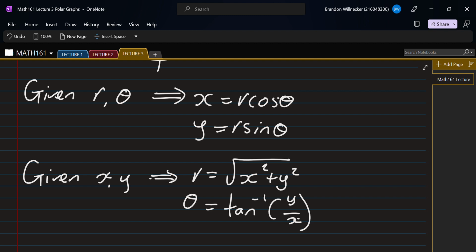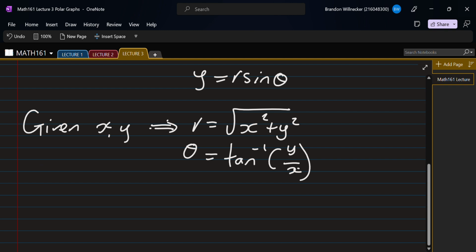What about going back and forth with graphs? If you looked in the tutorial, you'd see some of those questions are not converting points from polar to Cartesian, but converting the entire graph from polar to Cartesian, or from Cartesian to polar. So let's do a couple examples.